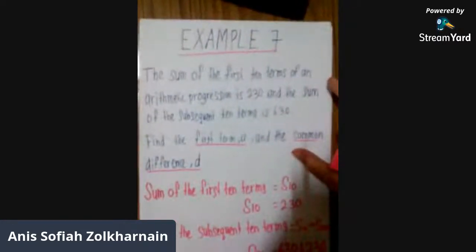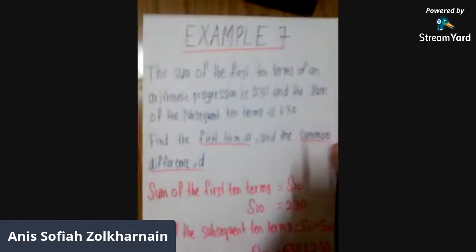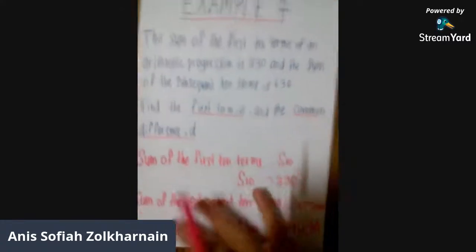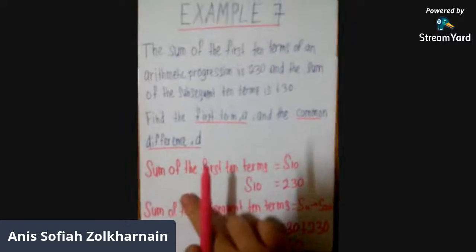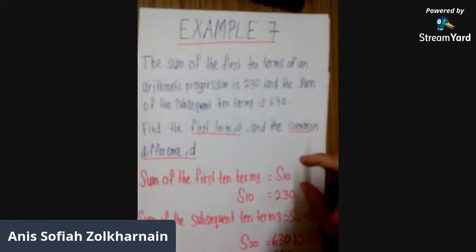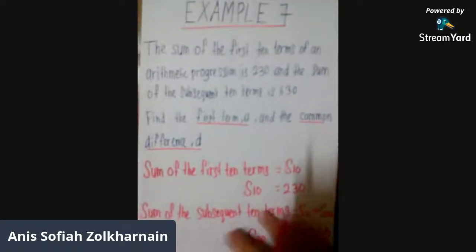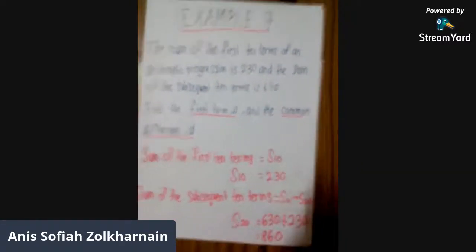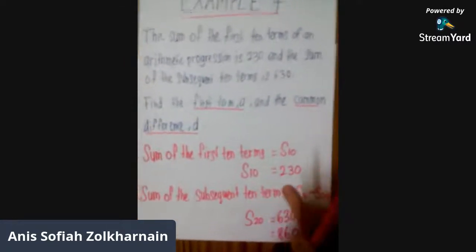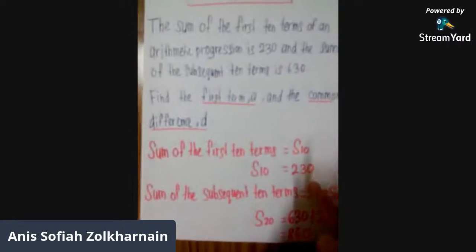From this question, you can extract a simpler sentence, which I have written here. The sum of the first 10 terms is S10, and the value of S10 is 230. So we have the value of S10, which is 230.